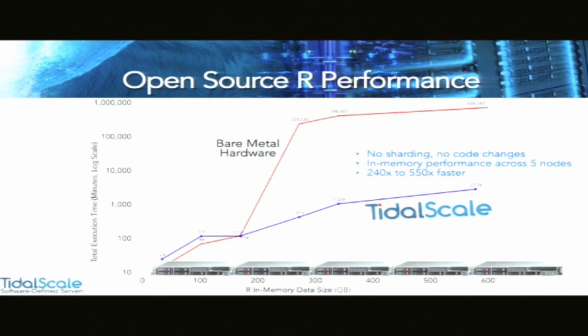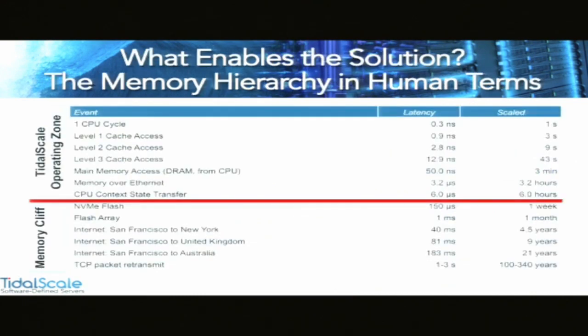I'll go back to a little bit of theory here. How many people know the memory hierarchy? Are familiar with it? Great, okay. This is the memory hierarchy in actual latency, current, and I've updated this for NVMe flash. And then I tried to scale it as if one CPU cycle was 1 second.